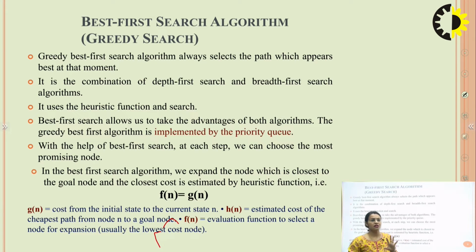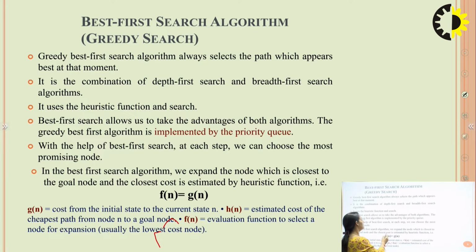The greedy best first search algorithm is implemented with the help of a priority queue, because as I am choosing the path that appears to be the best, I am assigning some kind of priority, and so a priority queue is used to implement this algorithm. So at each step we can choose the most promising node. In the best first search algorithm, it expands the node which is closest to the goal, and the closest cost is estimated with the help of the heuristic function.